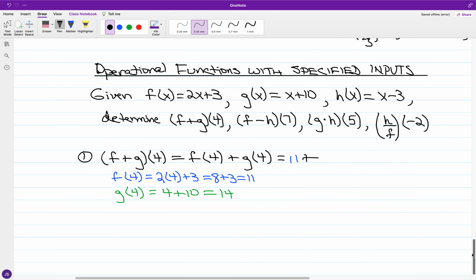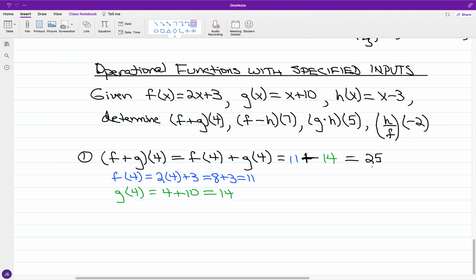And g of 4, again, is 14. In this case, we have 11 plus 14, so the output value for this sum function is going to end up at 25.